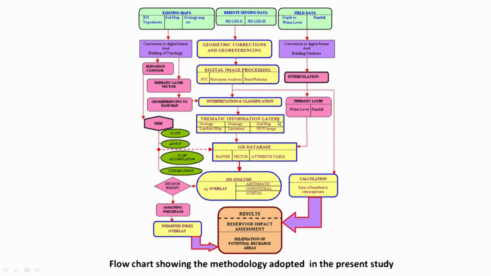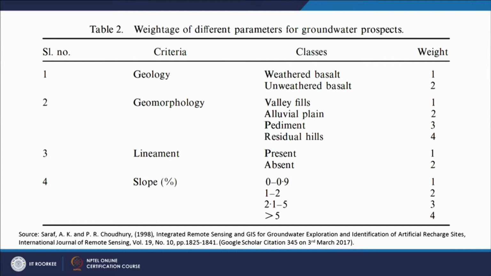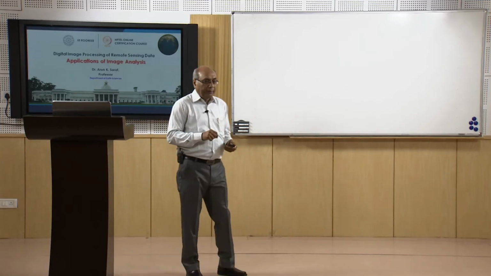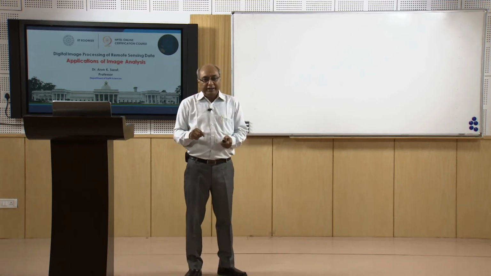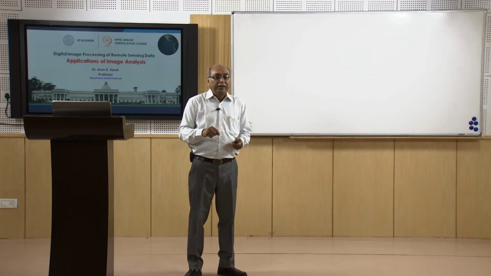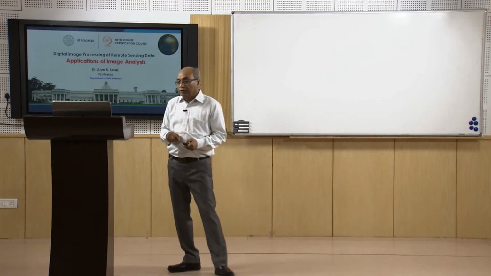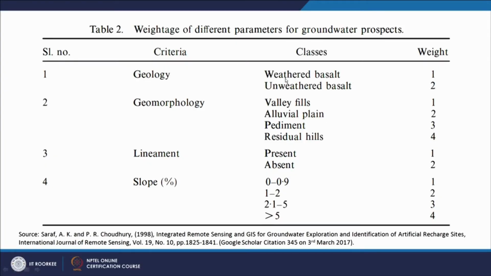This flow chart sounds very complicated, but I am not going into detail on each box. But I will show you that the geological map of that area we can integrate in GIS, assigning certain weights for the different geology or geomorphological features. So the 4 maps are here. One is the geology map, and only 2 very simple units have been identified: weathered basalt and unweathered basalt.